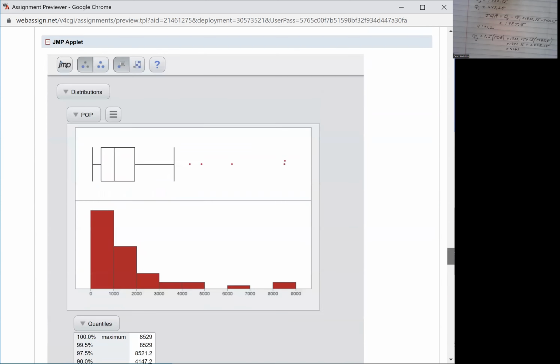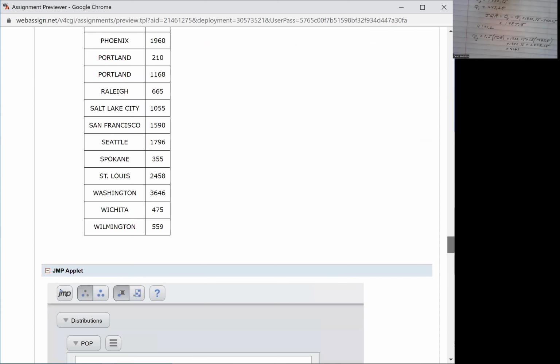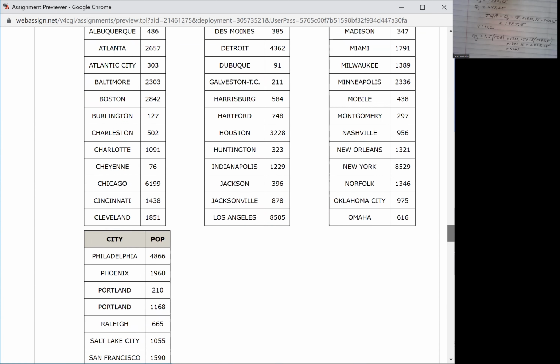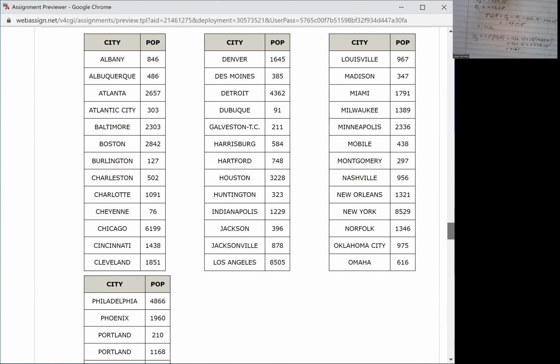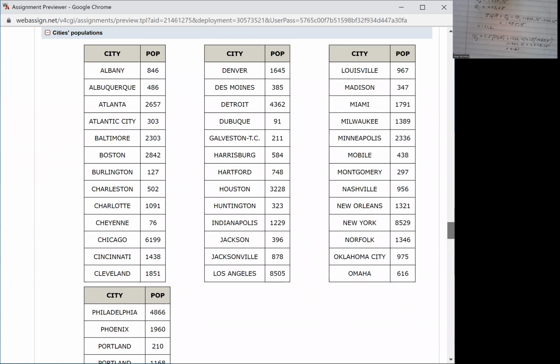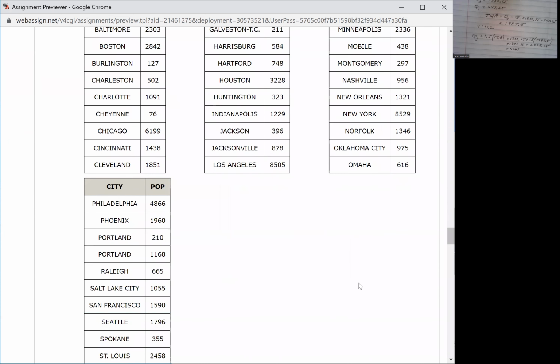Philadelphia is 4,866, which is greater than 4161. So that's an outlier.